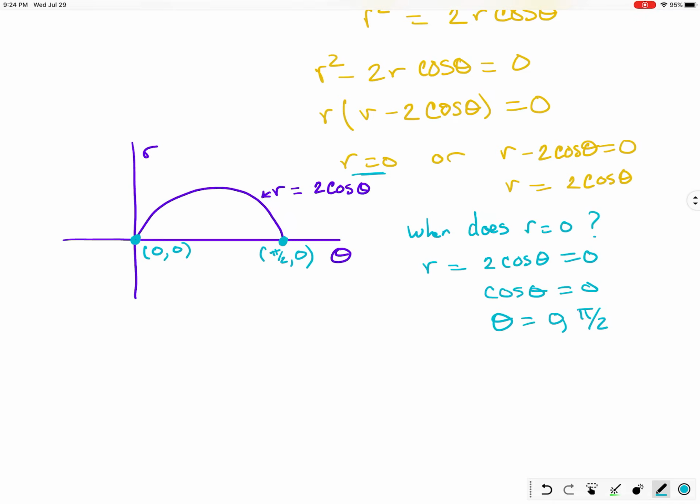Okay. So on my theta r plane, r runs from 0 to 2 times cosine of theta, and my theta runs between 0 and pi over 2.